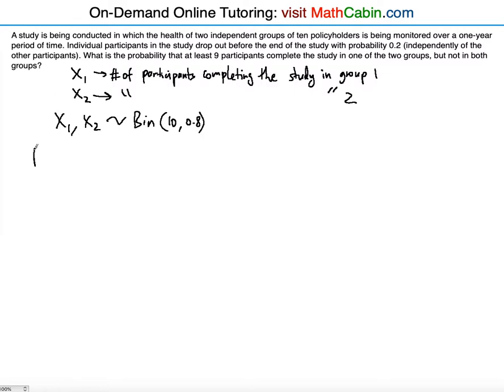This can happen if we have the probability of the number of people in the first group being greater than or equal to 9, combined with the probability that in the second group fewer than 9 people will complete the study.